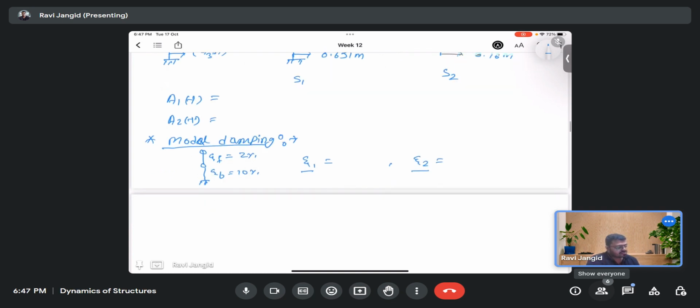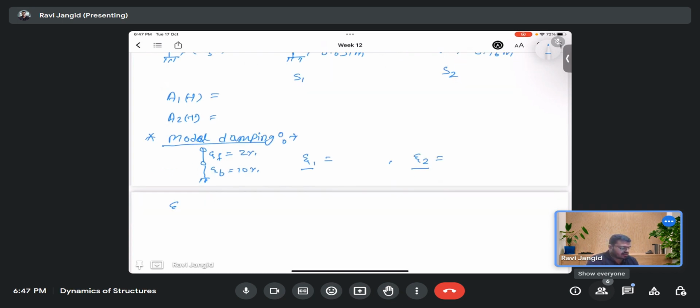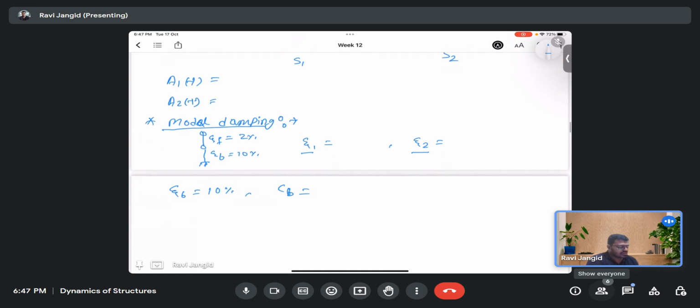So if I have ξ_b as 10%, can I calculate C_b? And if I have ξ_f as 2%, I have to calculate C_f. So C_b would be 2 ξ_b M ω_b, and C_f would be 2 ξ_f M ω_f.